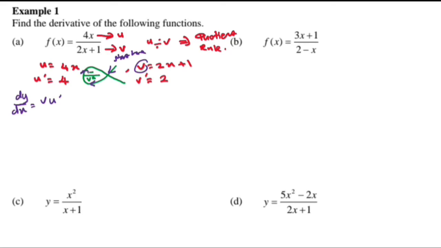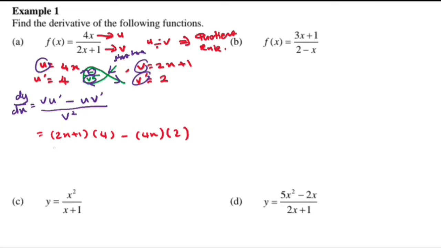After that, you go up, you will meet u, but the sign is minus in the middle, so you write minus u times the last term, v prime, over v squared. After that, just substitute all of your terms inside. Start with your v and then u prime, minus your u multiplied with v prime, over v squared.